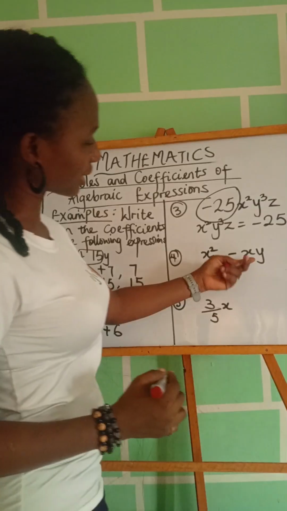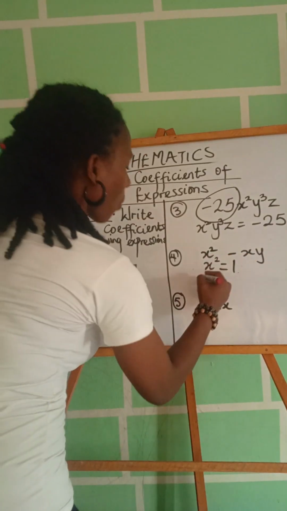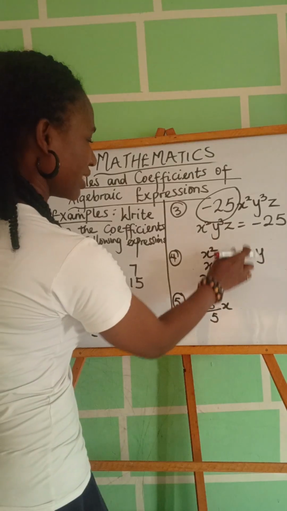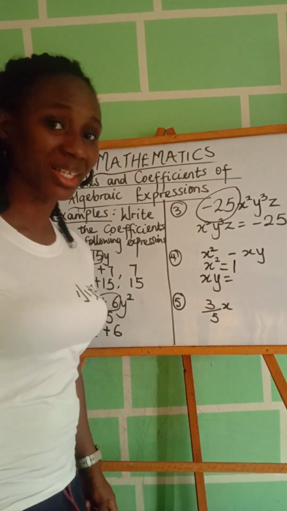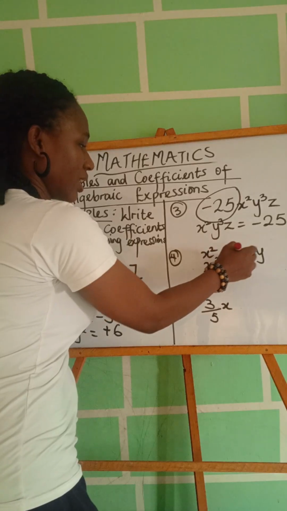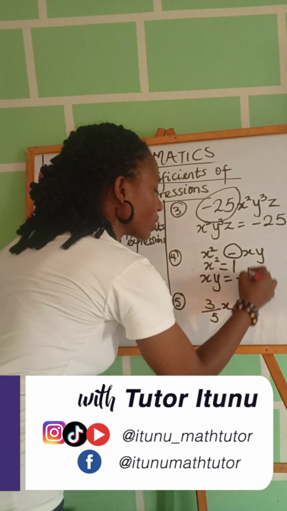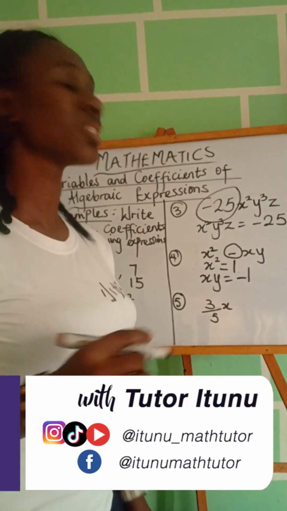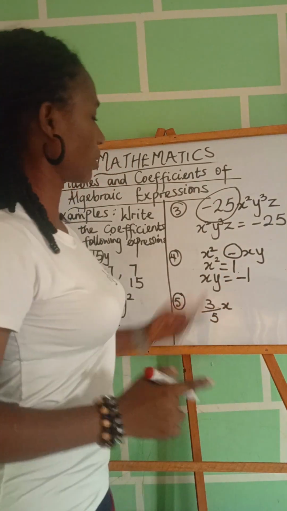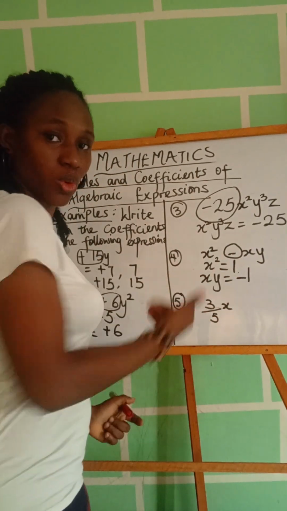Now, looking at this group of letters, x and y, what is the coefficient here? Since they didn't write anything, it's an invisible 1. The sign here is negative, so that is minus 1. The coefficient of this group of letters x and y is minus 1 because it's an invisible one.